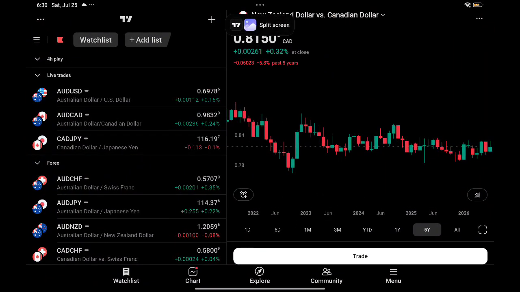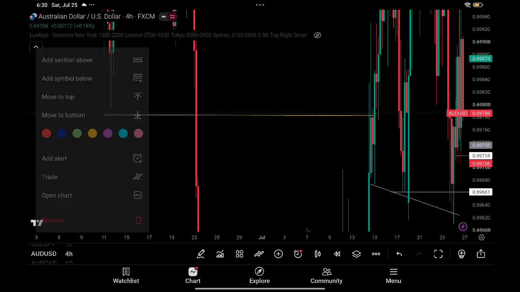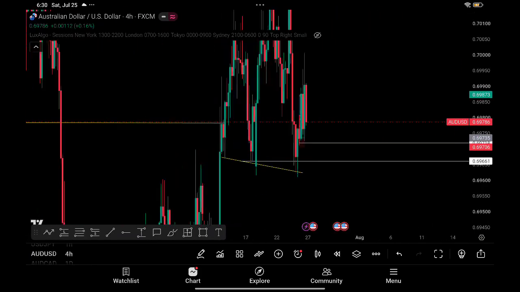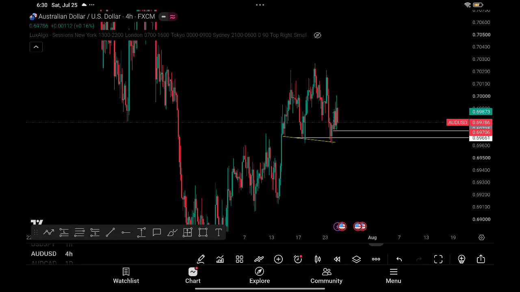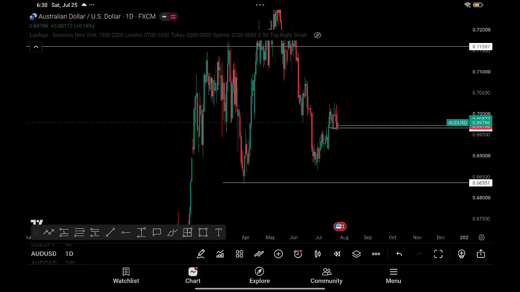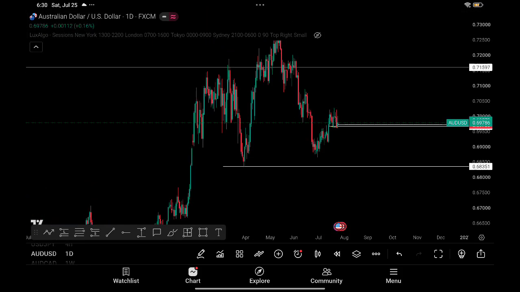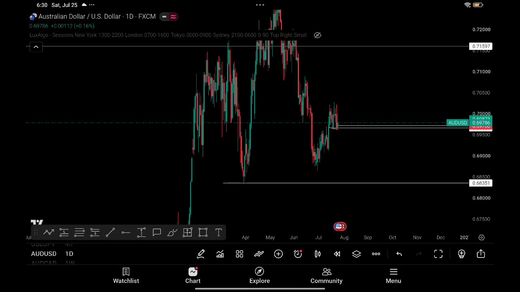So let's do it. First trade, AUD USD. I was looking for a short from this position, but the market didn't react the way I wanted, so I shifted with the market. I shift as the market changes, right? I try to listen to the market, and I don't force things.